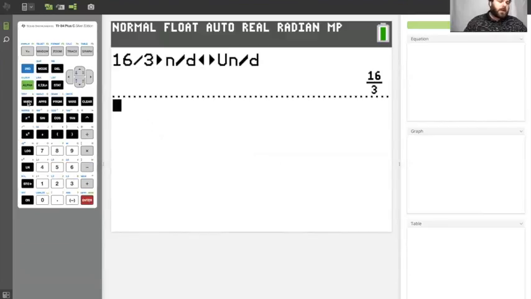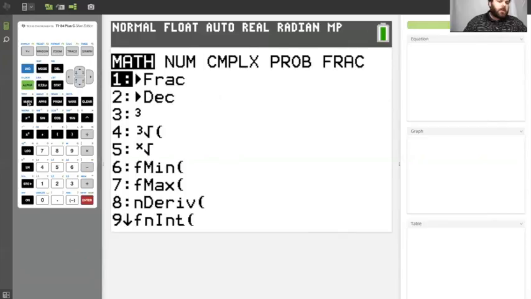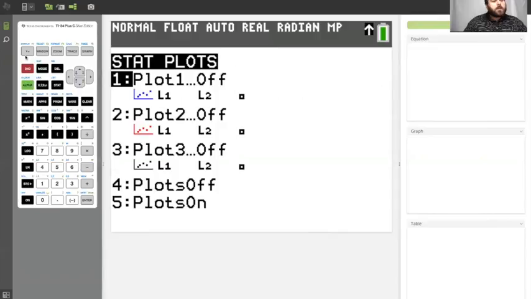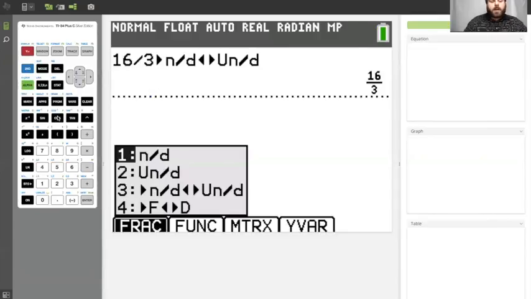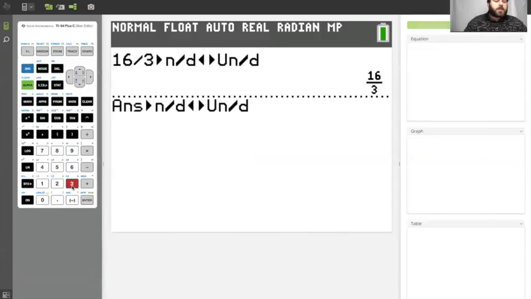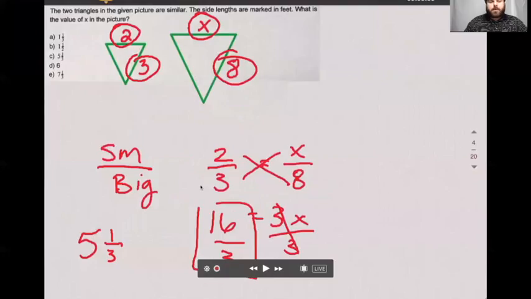Actually, I have to try that again. Sorry. Let's try it one more time. Alpha y equals number 3 is going to convert our answer, which is a fraction, into a mixed fraction. The u just means the whole number there. So I guess you technically have to convert it into a fraction here. It doesn't recognize that as a fraction. So anyway, that's one way to do that problem as well.